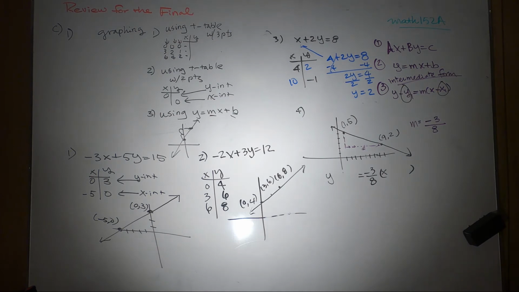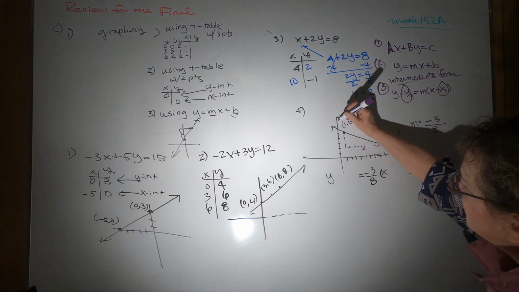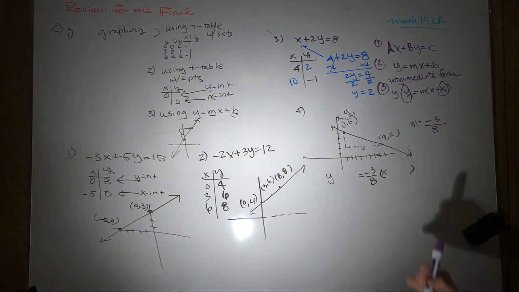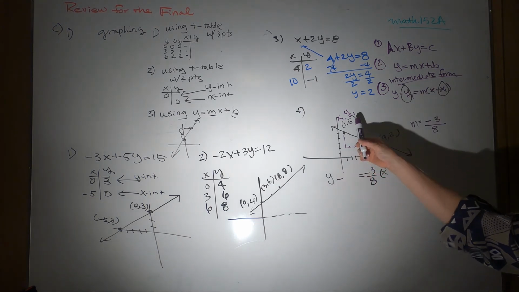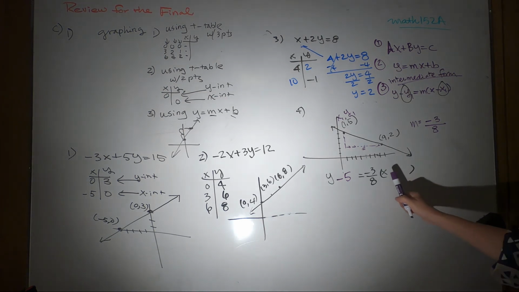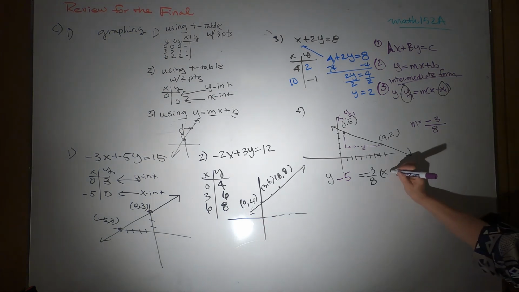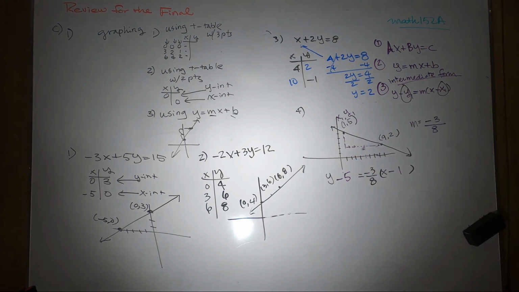So we need one of the points. We just need 1 point. You can use either one, right? So point-slope form, point with slope. So that's your x1, y1. So y minus y1. y1 is what? 5, right? And x minus x1. x1 is what? 1, right? So that's your equation.